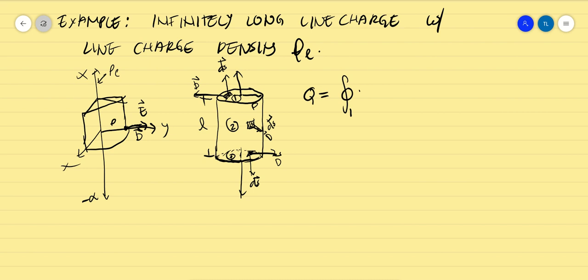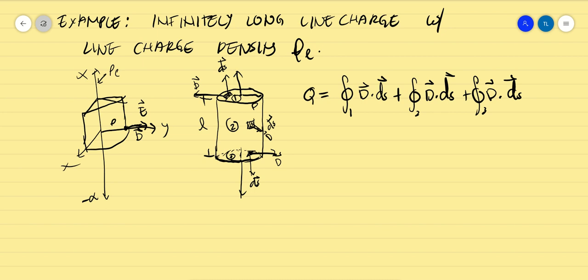So this will be D dot ds for the top side. Then we add for the second one, number 2, lateral surface area, D dot ds. And for the last part at the bottom, this will be D dot ds.